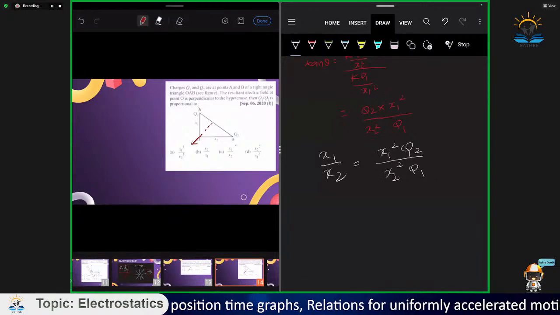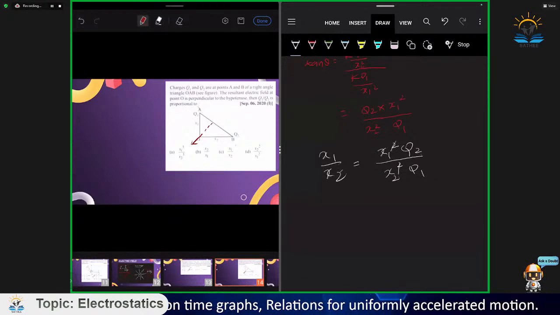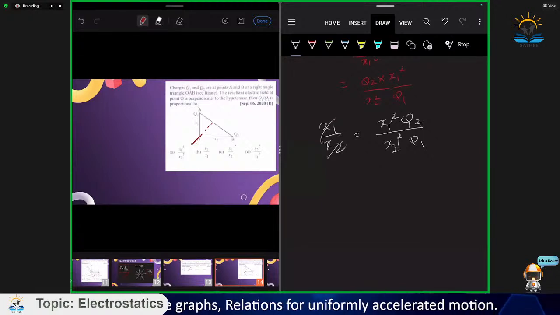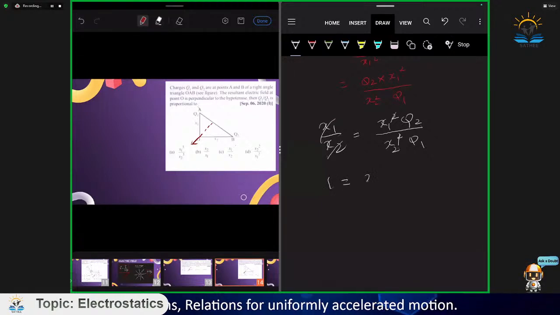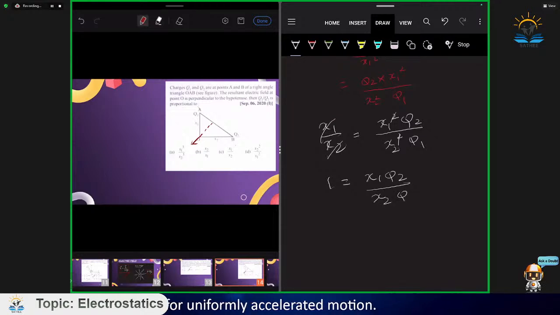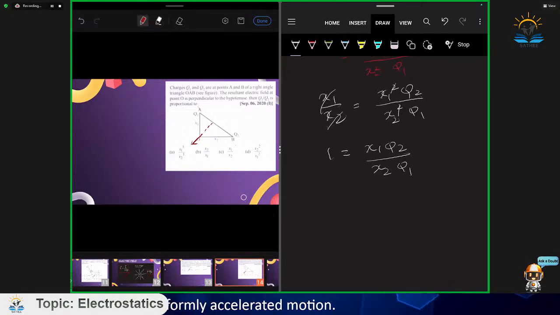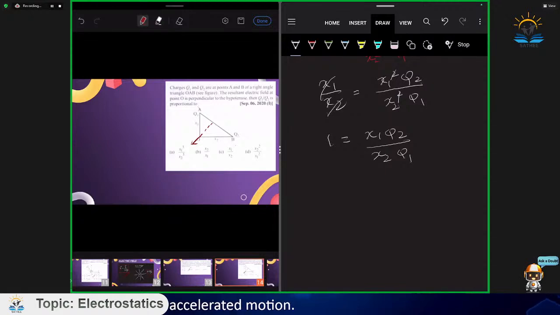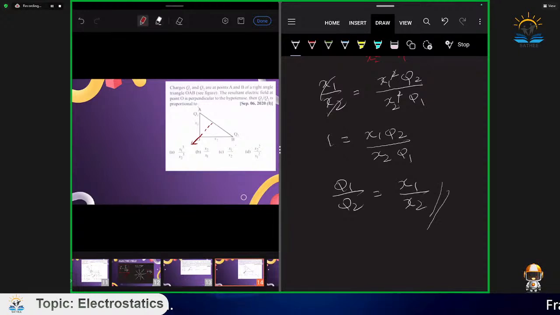See, x1 x2 we can cancel each other. So 1 equals x1 q2 divided by x2 q1. We have to find out q1 by q2. So q1 by q2 is equal to x1 by x2. Answer is x1 by x2, option C. Easy question.